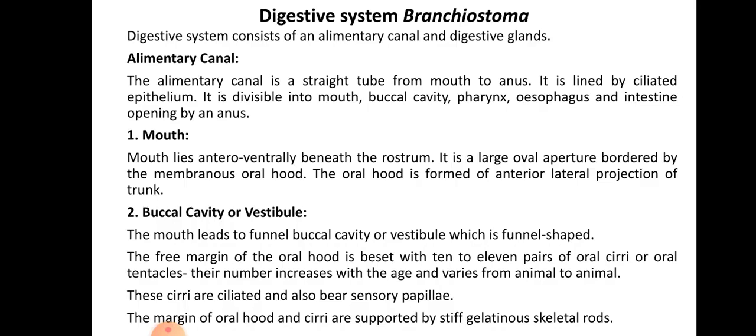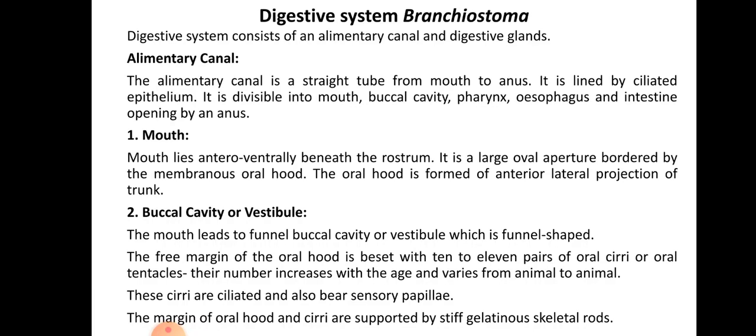Why? Because it runs from the mouth to the anus, and it is lined throughout by ciliated epithelium, and this cilia plays a very important role in trapping the food particles and moving them from one region of the alimentary canal to the other.